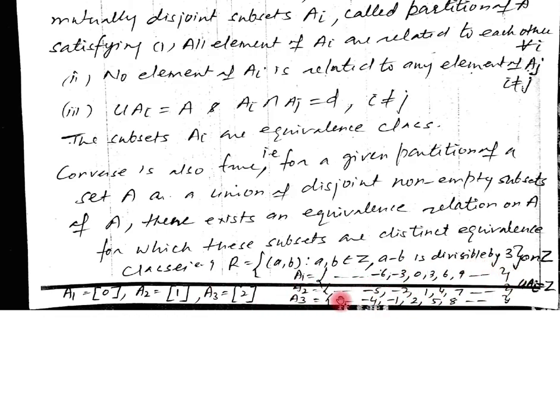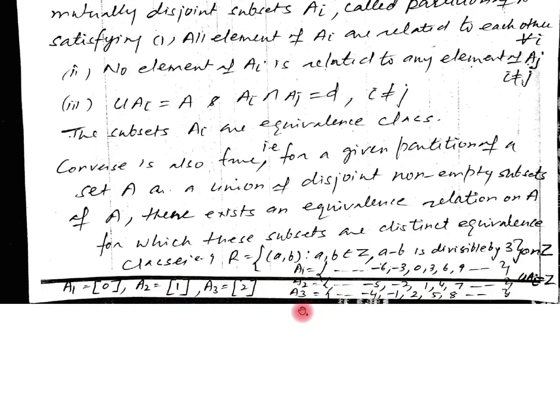Similarly, this is the equivalence class of the element 1, because when we take all the elements related to 1, such as 5 minus 1, minus 6, then minus 2, minus 1, it is minus 3; all are divisible by 3. Similarly, we have taken the equivalence class of 2. All the elements lying here, when we take the difference from 2, are divisible by 3.